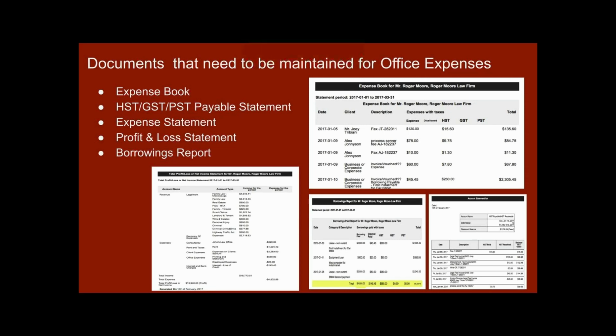There's also the profit and loss statement, income and expense statement, HST report that records expenses, and also the borrowings report that shows how you've maintained your office expenses.